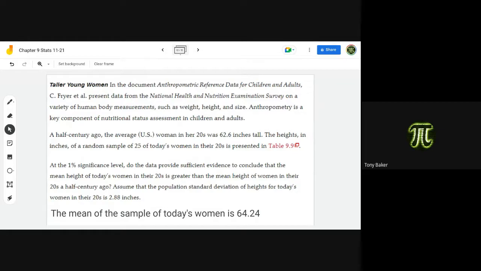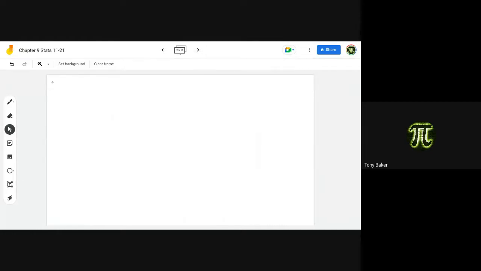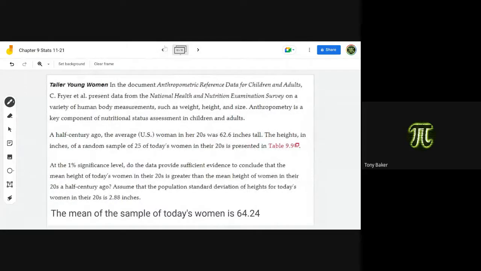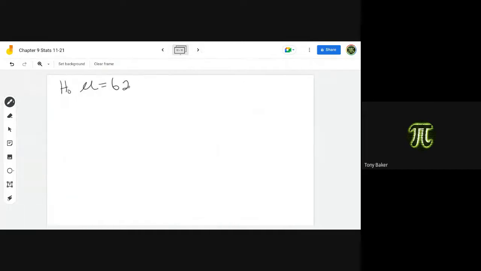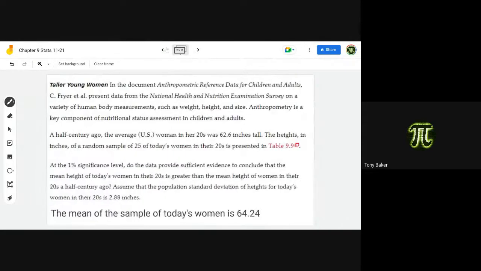All right, so what's my null hypothesis? So my mean is equal to 62.6. And my alternate hypothesis is, what am I trying to show in this case?